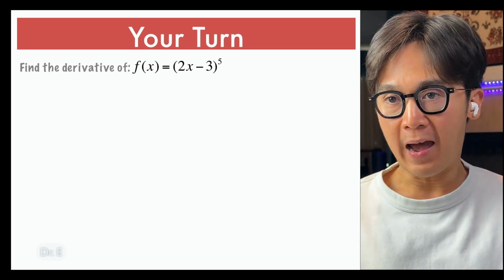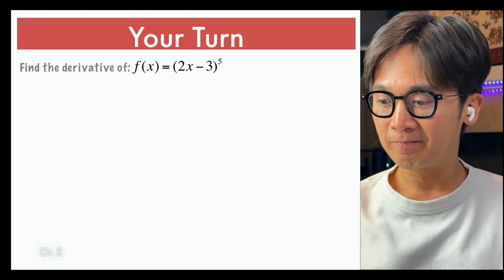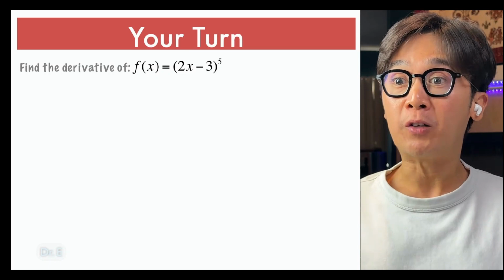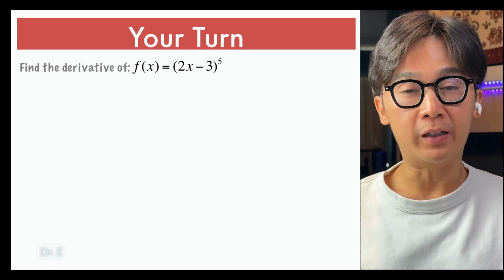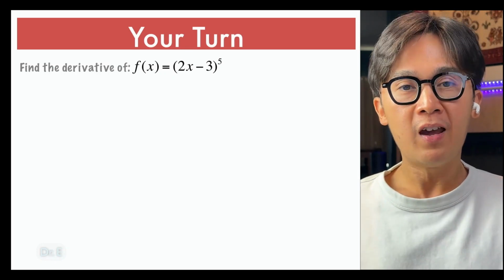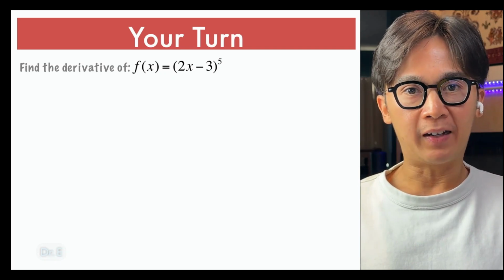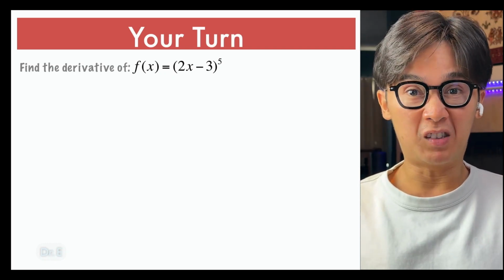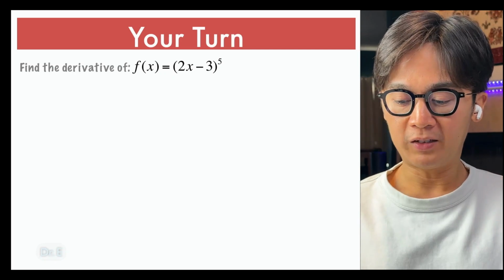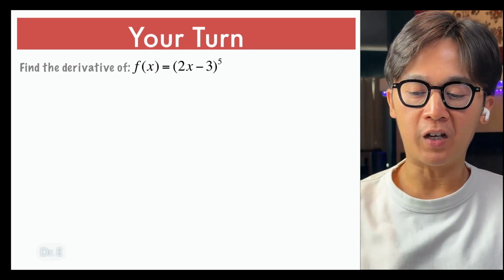But of course, we don't want to do that because it's just too much. So in this case, now you will appreciate the chain rule with this example, because as I've mentioned, not all functions are basic polynomials. Sometimes we are presented with a function raised to a power, and expanding it is possible, but it just takes too much time. So let's just use the chain rule in this particular function.